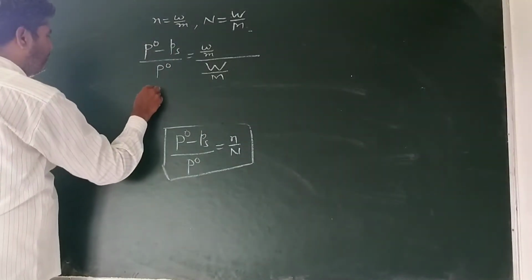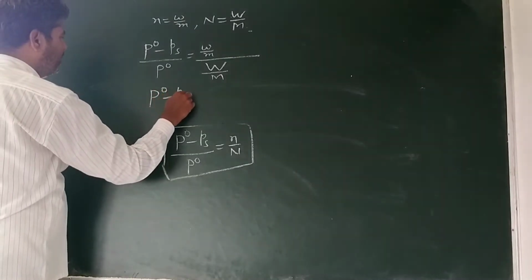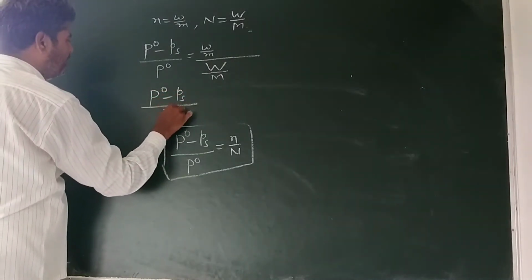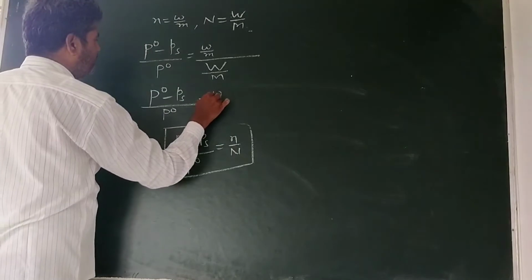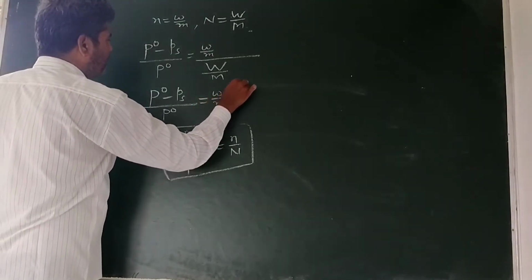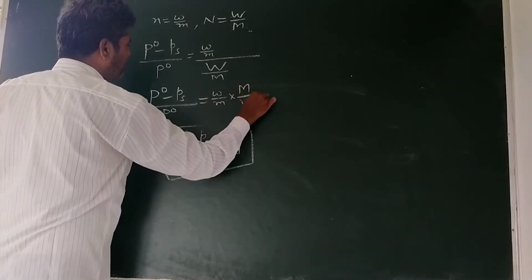Thus P standard minus Ps upon P standard is equal to small w upon small m into capital M upon capital W.